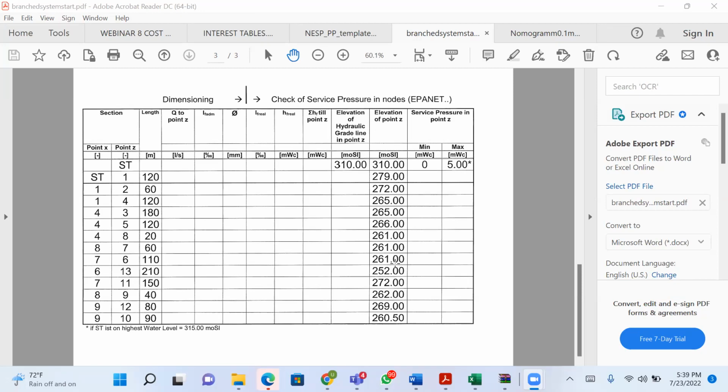Yeah, one hand is raised. Yes, just want to get something clear, please. So under the column where you have length, at 0.6, you have 110 meters, and at 0.13, you have 210 meters. I was thinking whether we want to get the difference between the two.